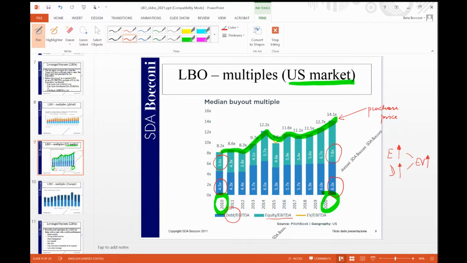So the idea is, look carefully. There has been an increase of debt contribution, an increase of equity contribution, both of them contributing to an increased enterprise value EBITDA.